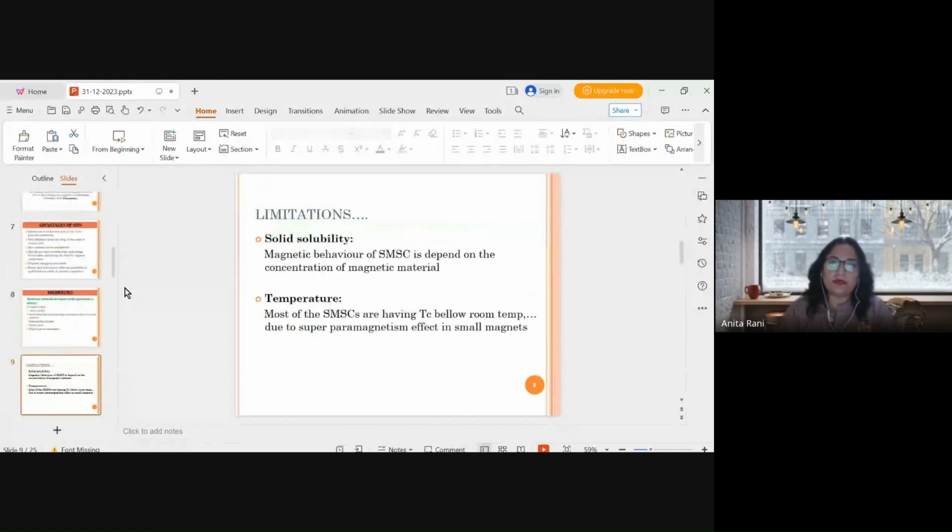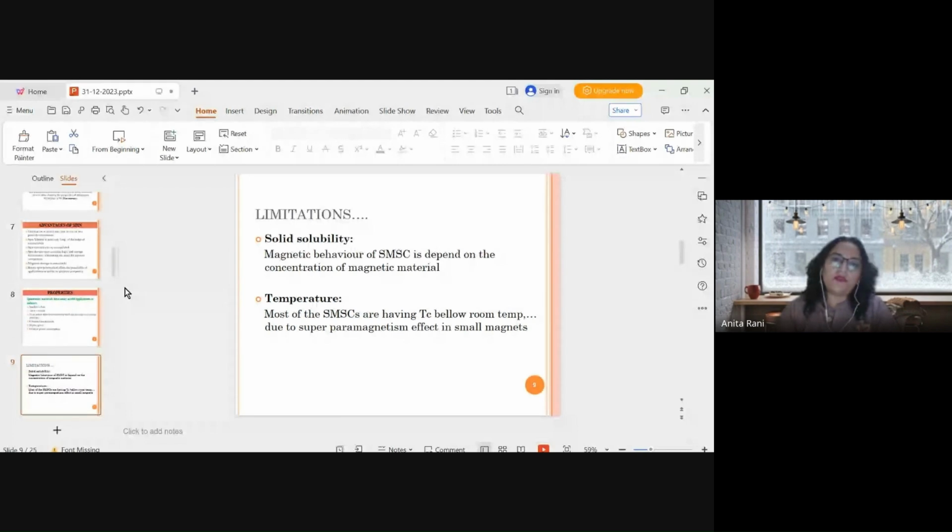But compared to their advantages, there are two main limitations of these types of devices. The first one is solid solubility. The magnetic behavior of a solid-based magnetic semiconductor is totally dependent upon the concentration of the magnetic material. If we add a large amount of magnetic atoms inside the semiconductor material, the metal atoms will form new types of complexes.